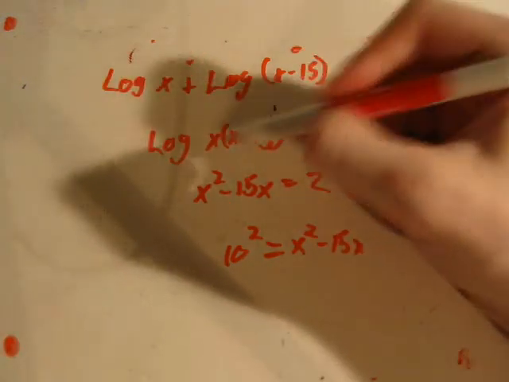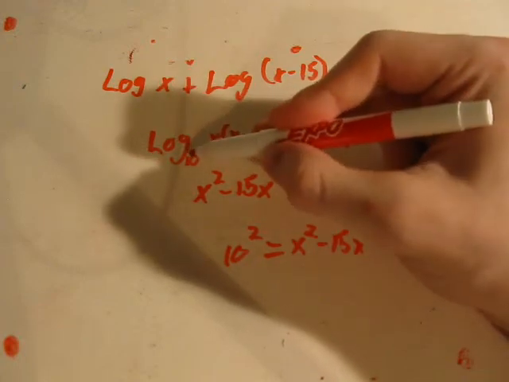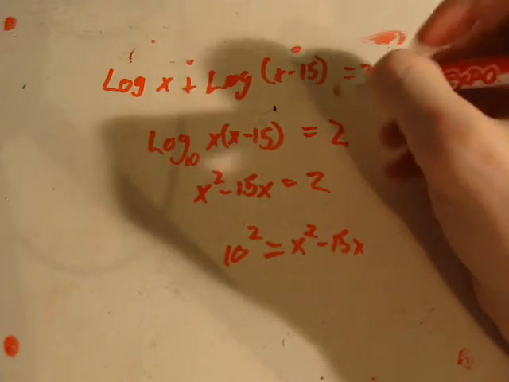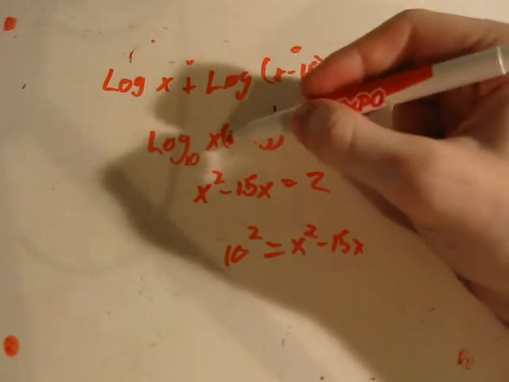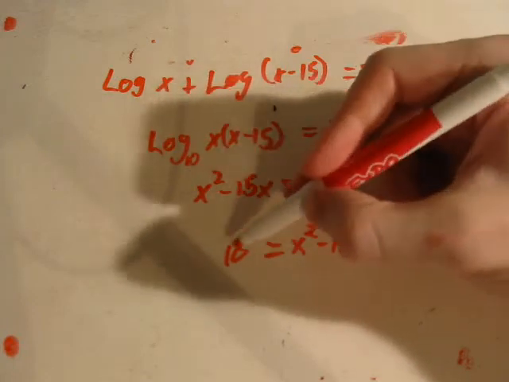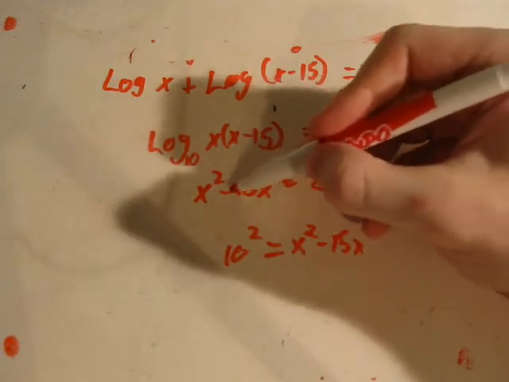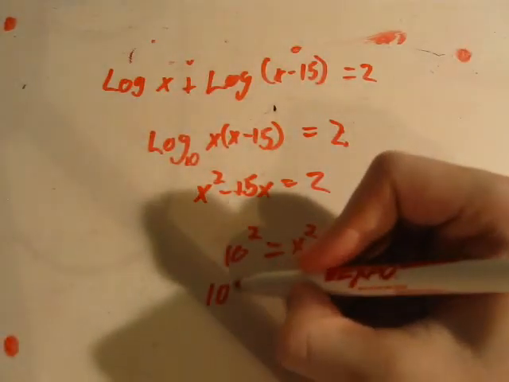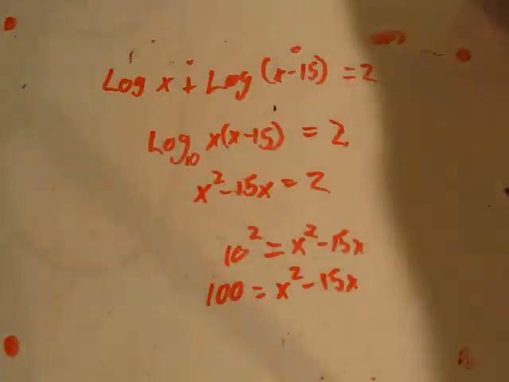Because when you've got this, since this is log base 10, it's going to take your base to this number as an exponent, and it'll be equal to this. So we just take that and turn that into 10 squared equal to x squared minus 15x. 100 is equal to x squared minus 15x.